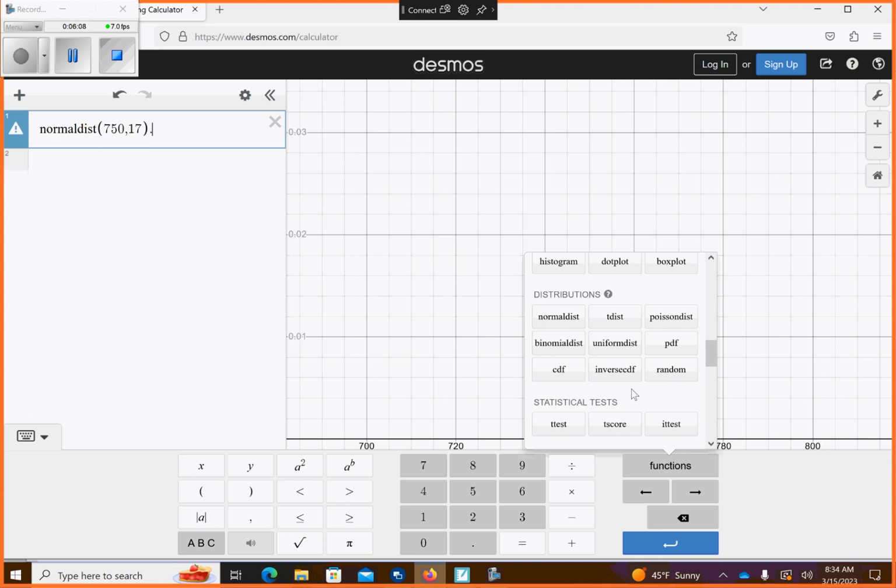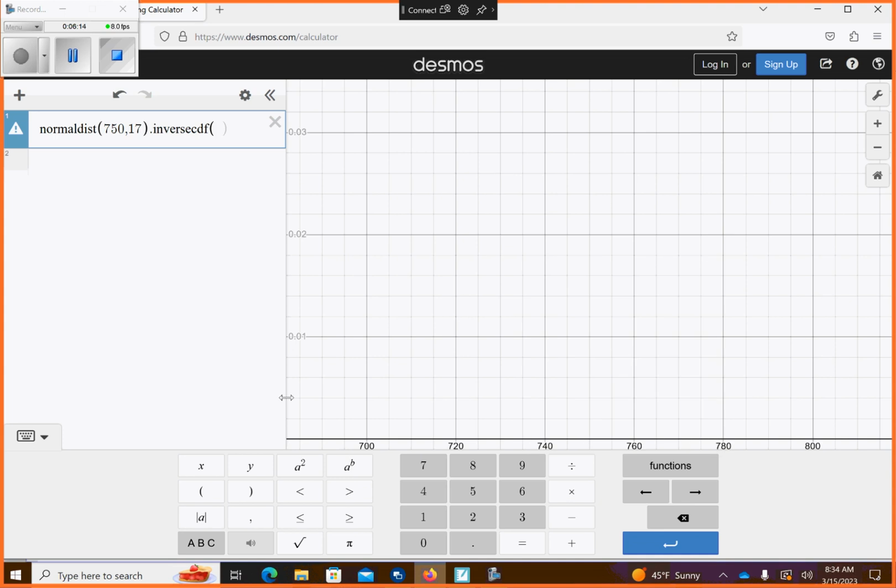Normal distribution, T distribution, Poisson. Oh yeah, the inverse CDF should work. And so, no, that's not it.